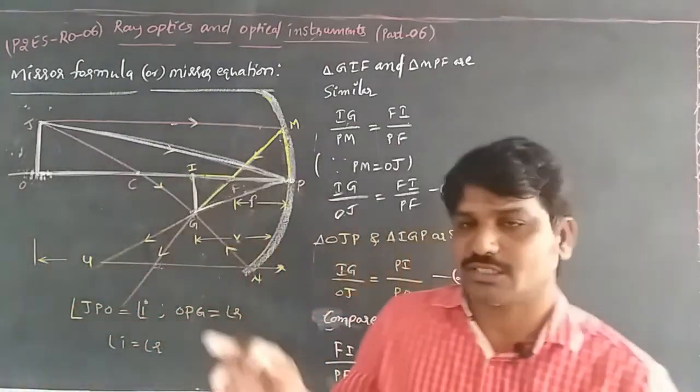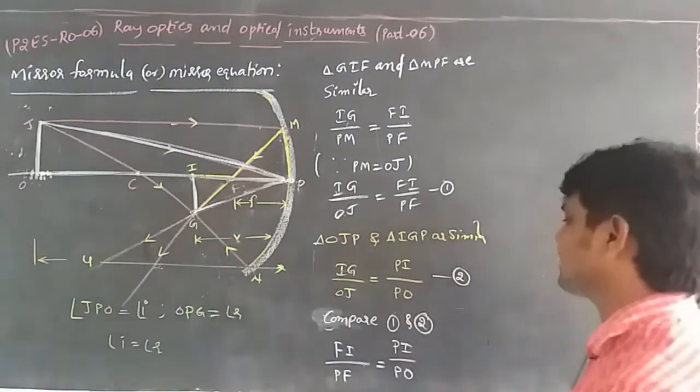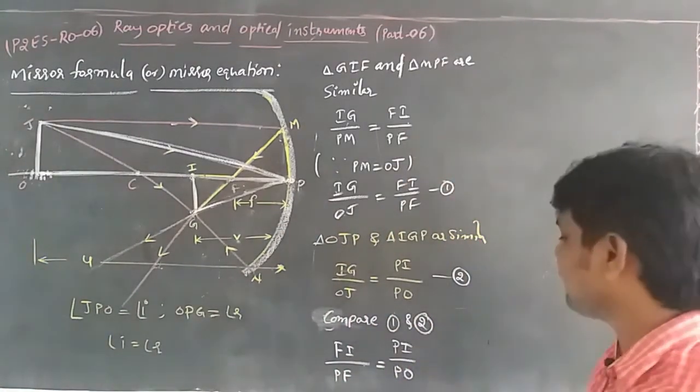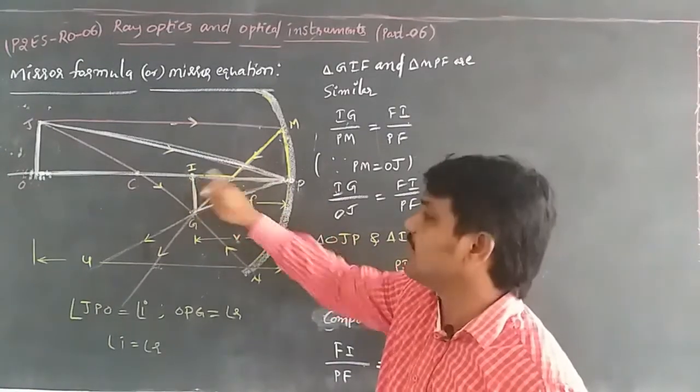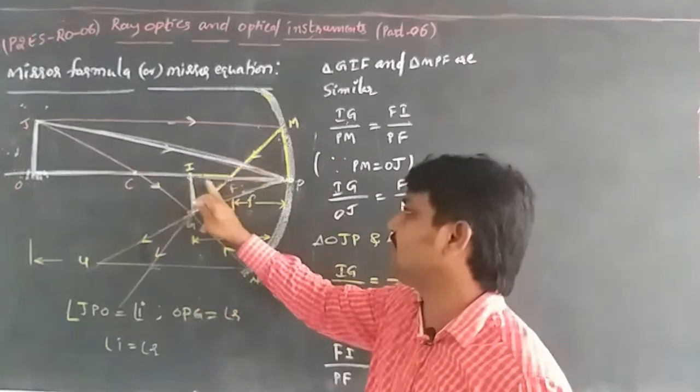From the diagram, we don't yet know the value of FI, though we know the remaining values.